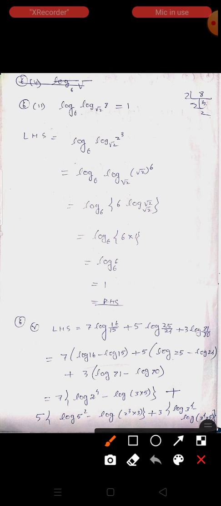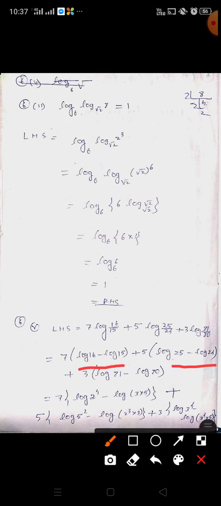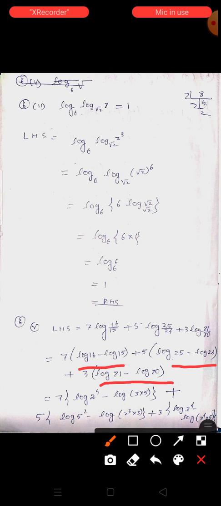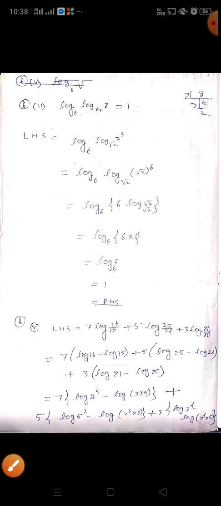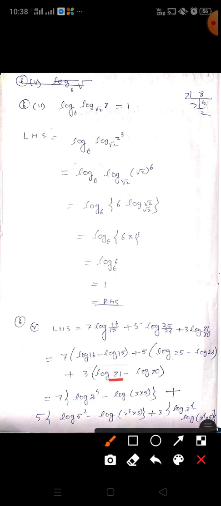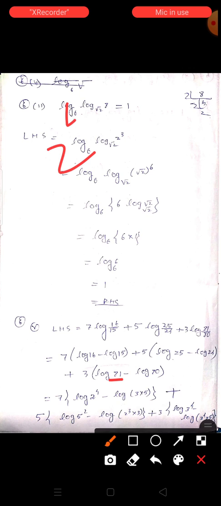So 7 into log 16 minus log 15, plus 5 into log 25 minus log 24, plus 3 into log 81 minus log 80. Then 16 means 2 to the power 4, minus log of 3 into 5; 25 means 5 square; 24 means 2 cube into 3; 81 means 3 to the power 4, and 80 means 2 to the power 4 into 5.